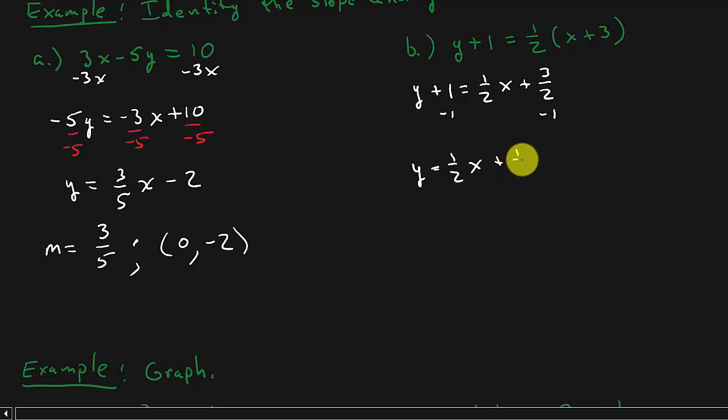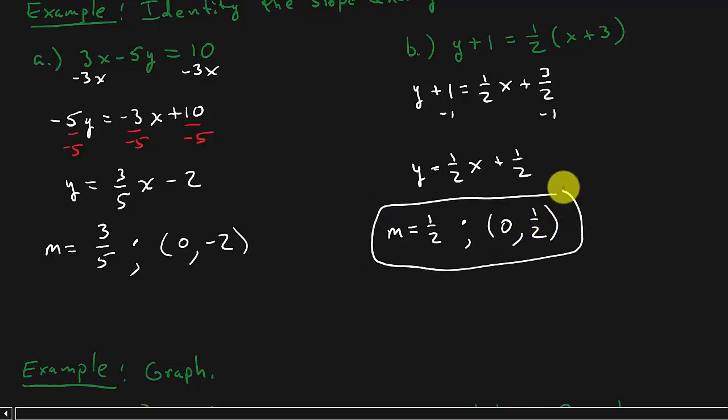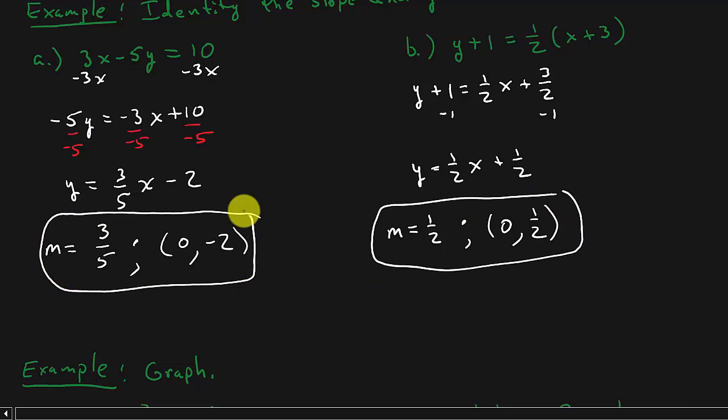Plus 1/2. 3/2 minus 2/2 is 1/2. And so my slope is 1/2. My y-intercept is b, and b is 1/2. There's my slope and y-intercept for that one. All right.